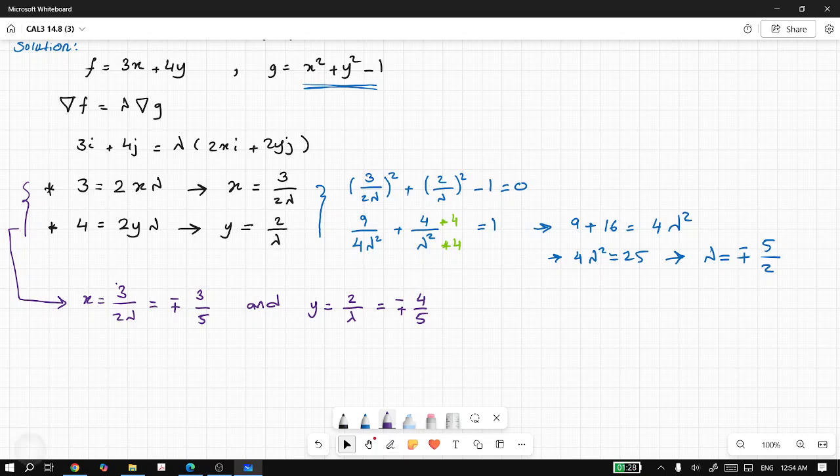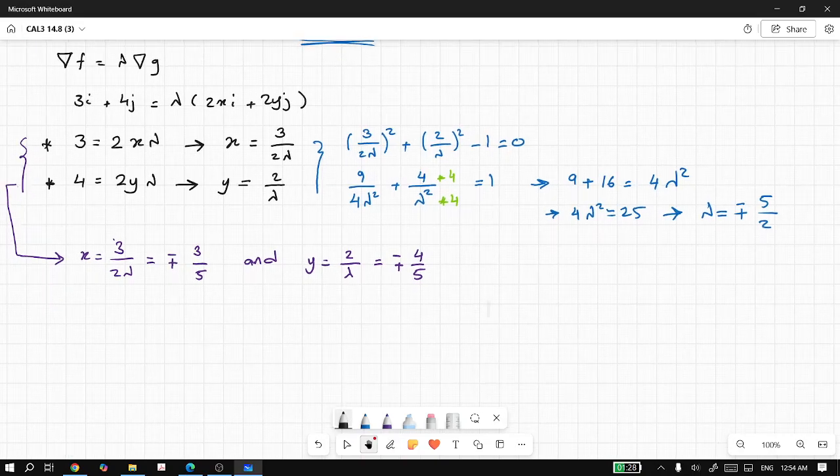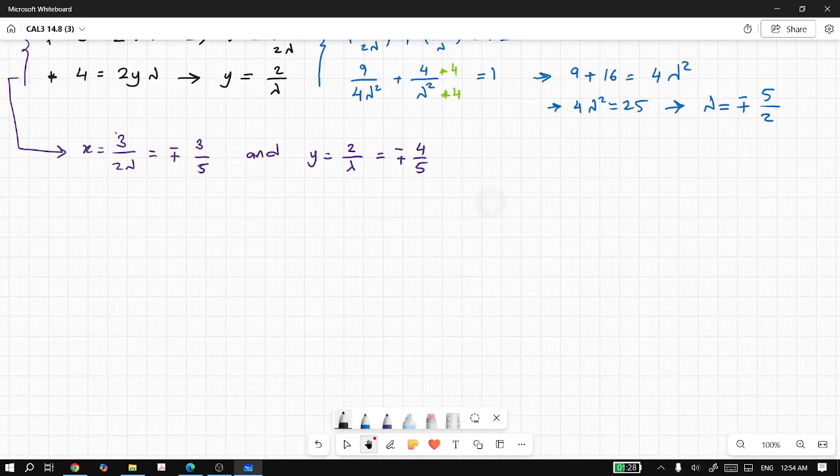Okay, now we have got the values of x and y, so we can write the points that we have got. xy equal to positive or negative 3 over 5 with 4 over 5, which includes all of the 4 conditions.